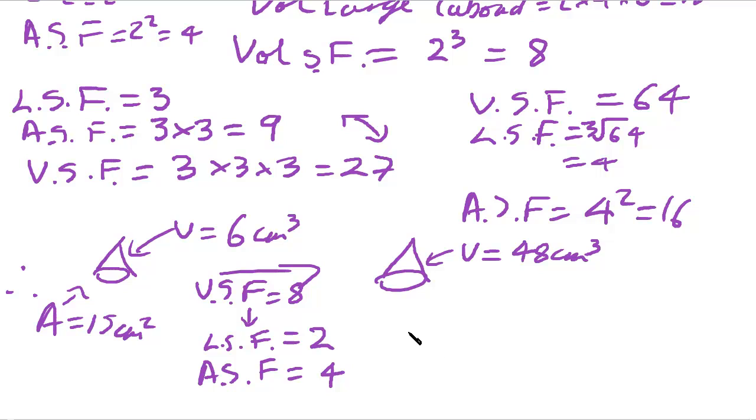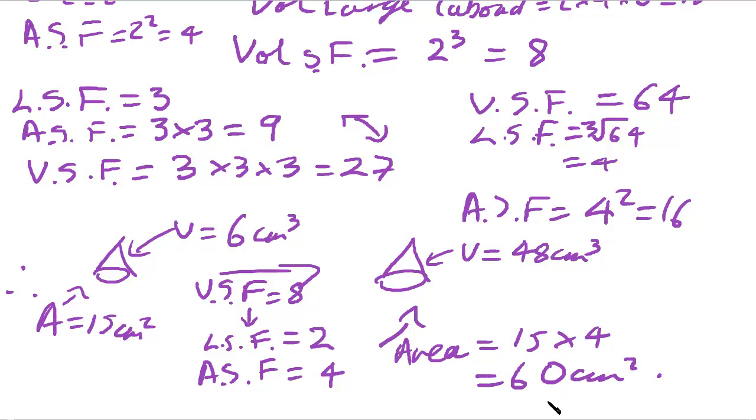So we don't know the area of the large one, but we can find the surface area by timesing the old one by 4. So the area will equal 15 times 4, which is 60 centimeters squared. I hope that gives you an idea of the relationship between volume scale factor, length scale factor, and area scale factor.